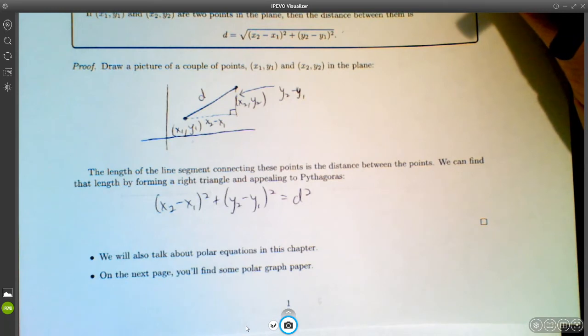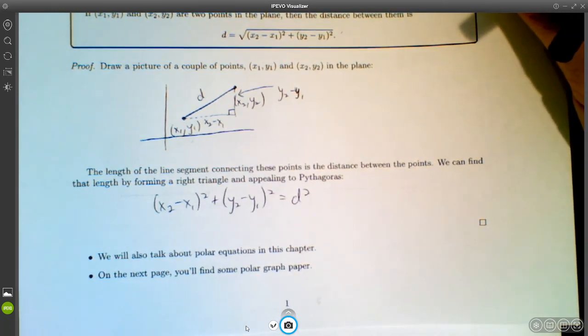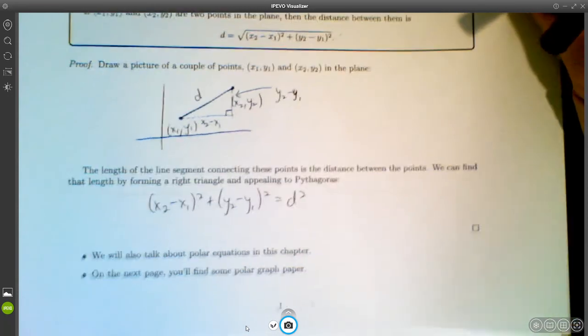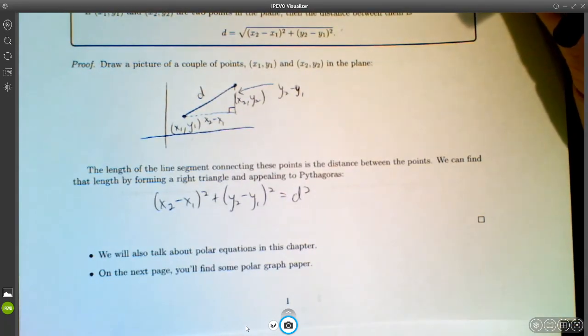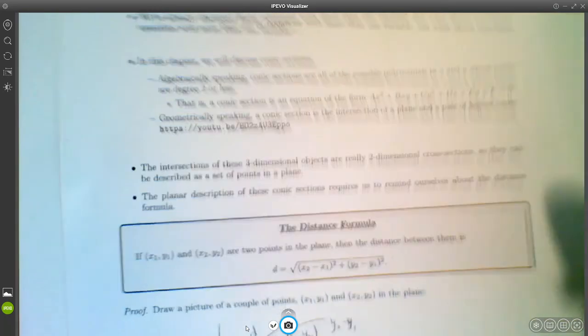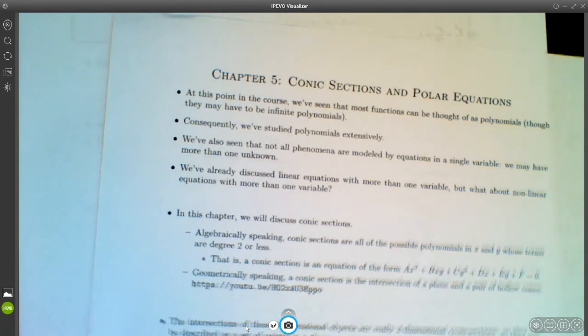We kind of did this already when we were looking at complex numbers and de Moivre's theorem. But we're going to talk about polar equations in more detail during the second half of this chapter. So this chapter really has two main points, conic sections and then polar equations.